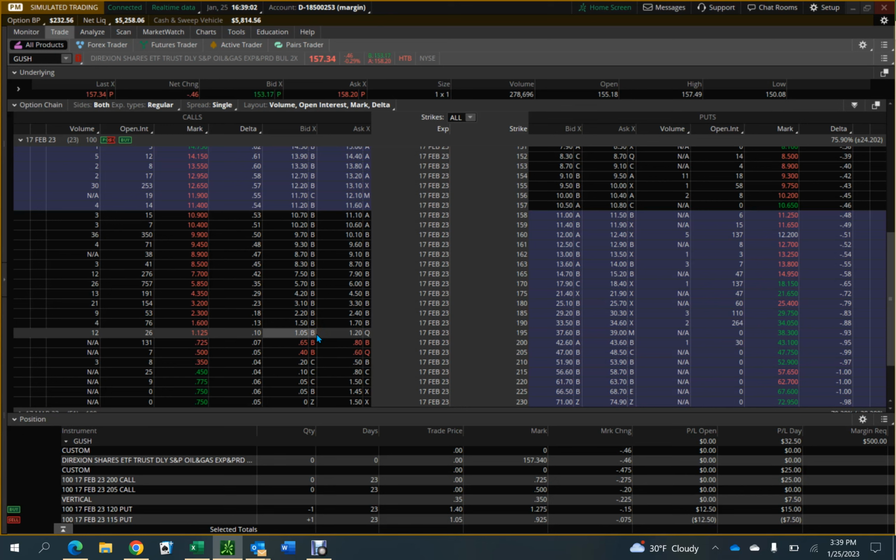I think I like 195. It's got open interest of 26, so that's okay. Lee Feinberg thinks the open interest of 15 is his rock bottom, but that's fine. And if you notice at 195 here, we're at a buck 12.5, and the 200 is at 0.725.